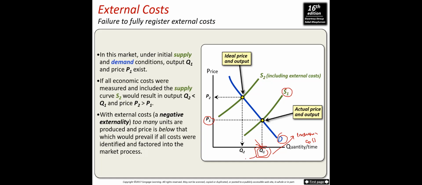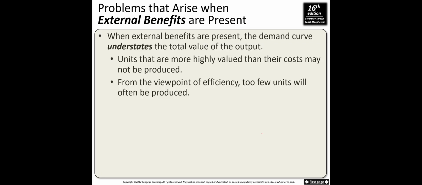With control, it goes to the economically efficient level of output. With external costs, too many units are produced and price is below that which would prevail if all costs were identified and factored into the market process. When external benefits are present, the demand curve understates the total value of the output. Units that are more highly valued than their cost may not be produced.